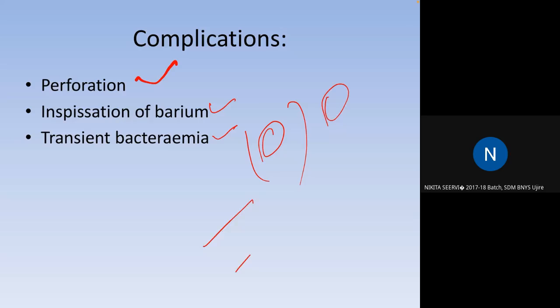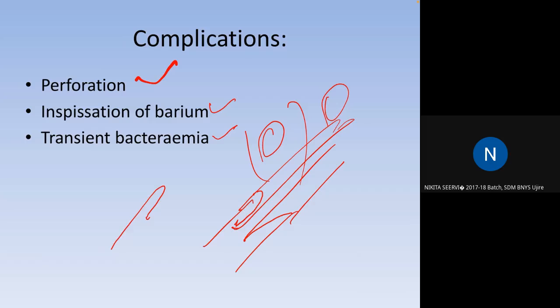What happens is this small intestine, basically because of peristalsis, goes inside one another. This is known as intussusception. It can spontaneously become corrected, or it may need surgery sometimes if it is very tight.